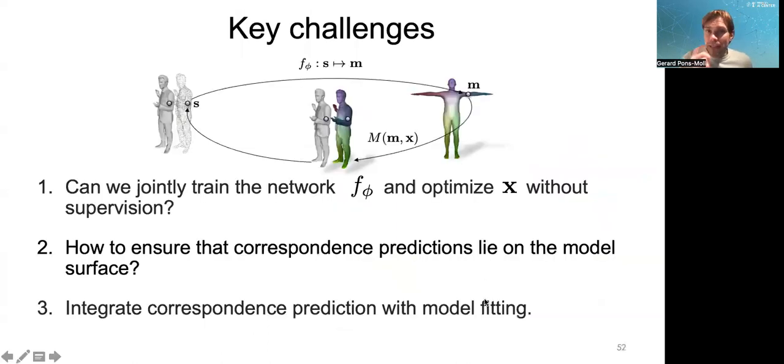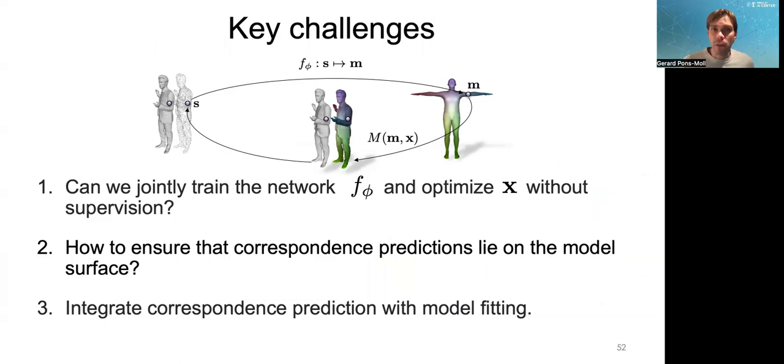So this is not as easy as it might look because you have a number of challenges. First, can we jointly train the network and optimize the model parameters without any supervision? That's one question, and how to do it is not so clear. How do you ensure, and this is a tricky one, that the correspondence predictions lie on the model surface?